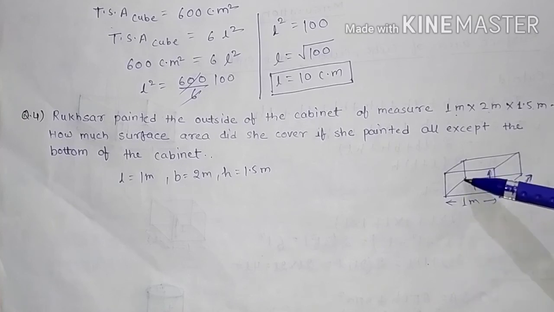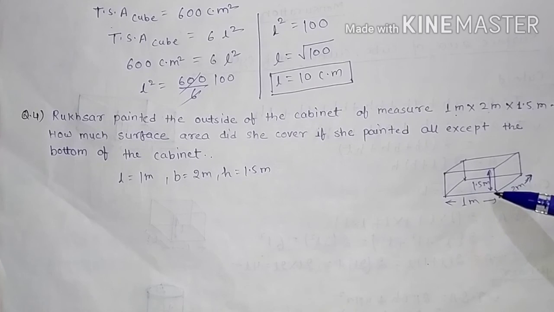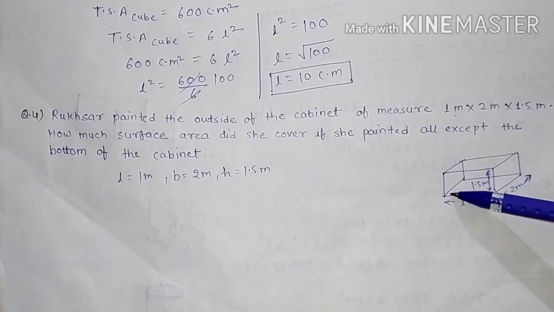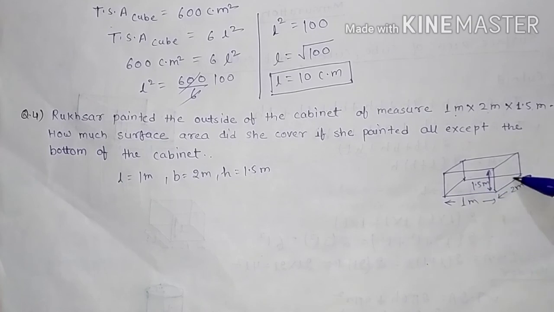Okay, the bottom area she is not going to paint, so just leave the bottom area, and we have to find the total surface area except bottom area. This is bottom surface, so just leave this bottom surface.